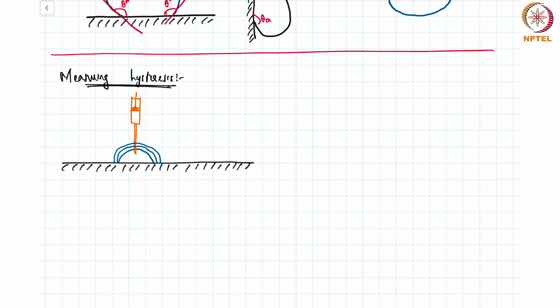Right? And once this happens, then the angle becomes... well, maybe I should let me redo that again. I made a small mistake there. What tends to happen is that the droplet will resist spreading, and the angle will keep increasing.